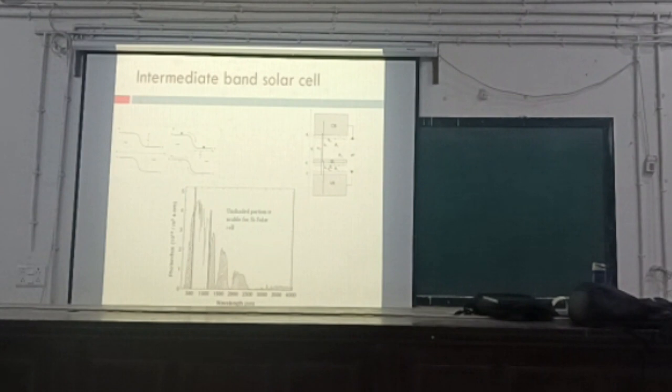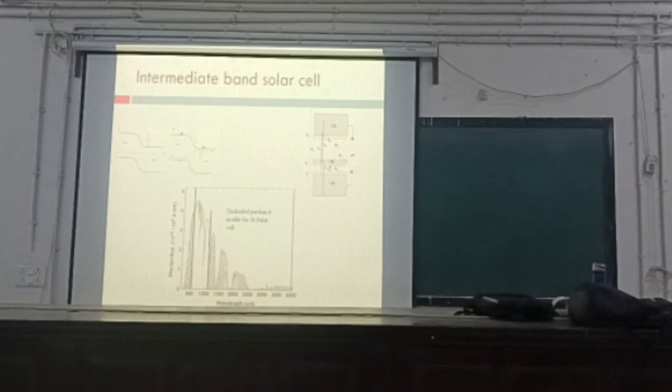So this range of photons coming from the sun is just getting transmitted through the silicon solar cell. That has got no use in our electricity generation.